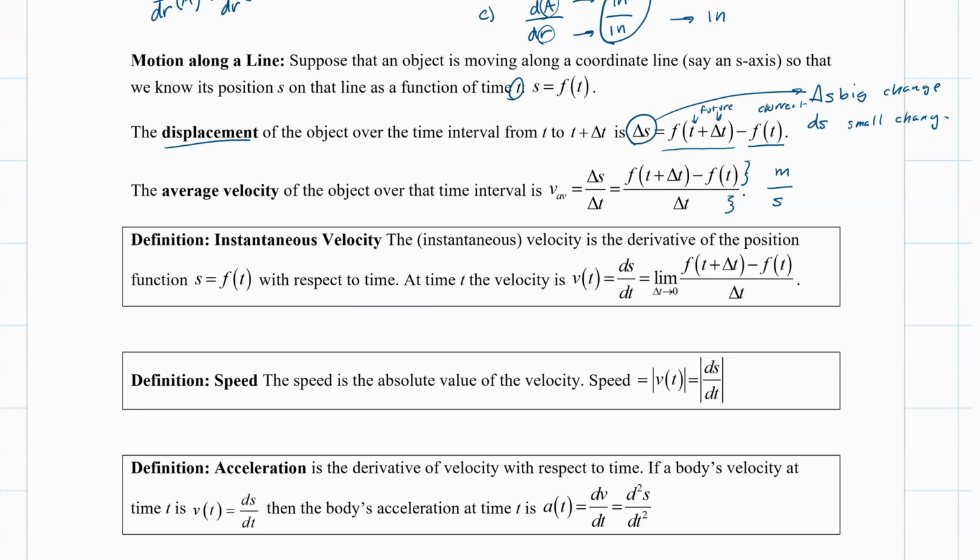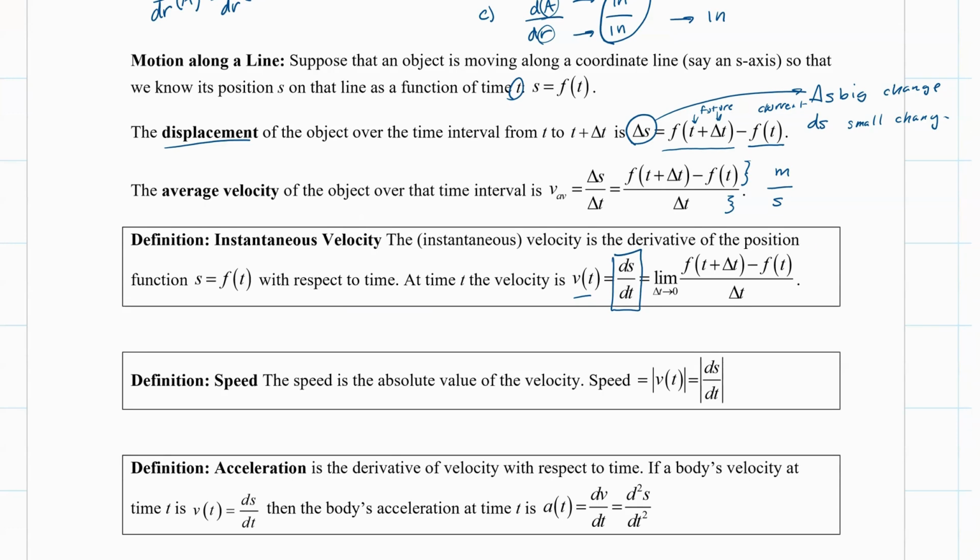But we can also call something an instantaneous velocity, and just like we used the expression instantaneous earlier in the lecture, that means we're going to talk about it as a derivative. So the velocity is the derivative of position with respect to time.